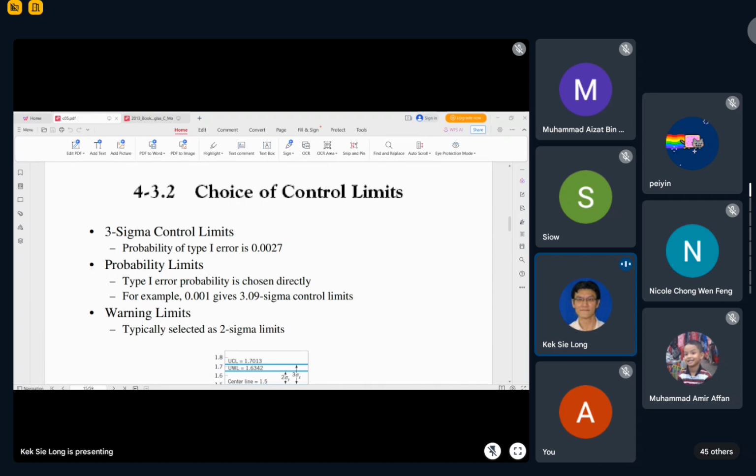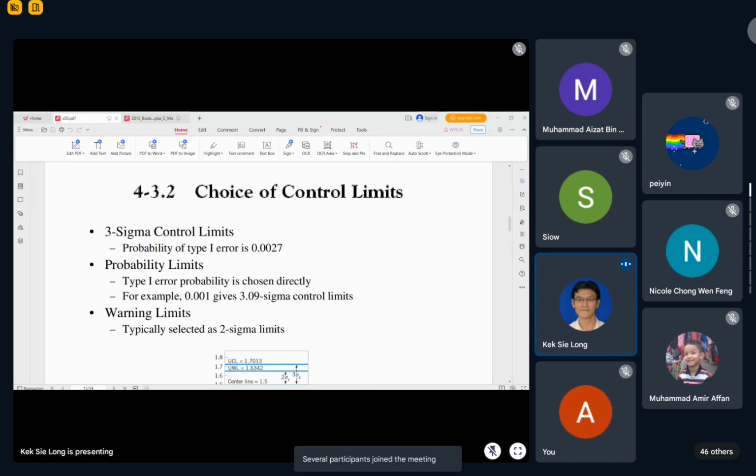If we use simple words, we might say it is the probability of a point outside of control limit.